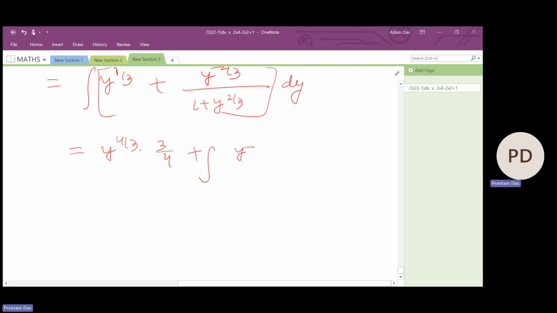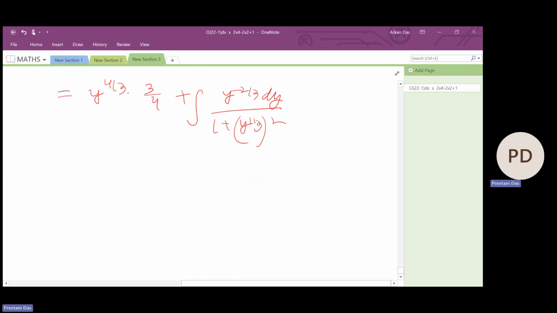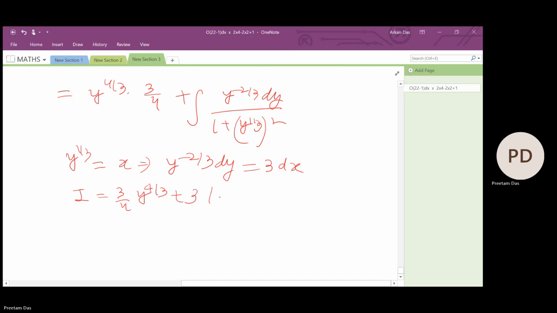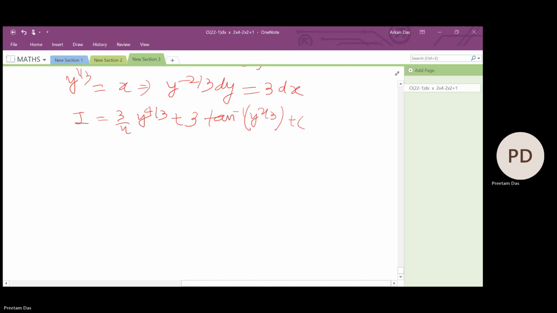This one I will write as dy over (1 plus y 1 by 3) square. So y power 1 by 3 again we will consider as some variable. Let us consider y power 1 by 3 as x. So y power minus 2 by 3 dy is dx. Finally it will come, which option matches? Option A.